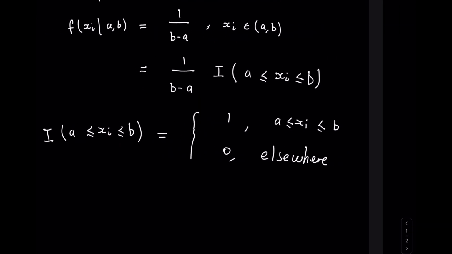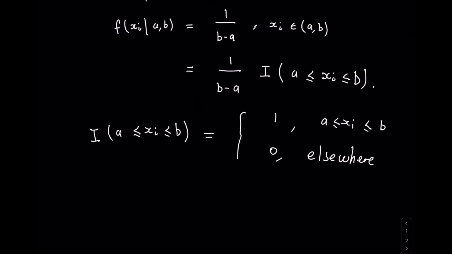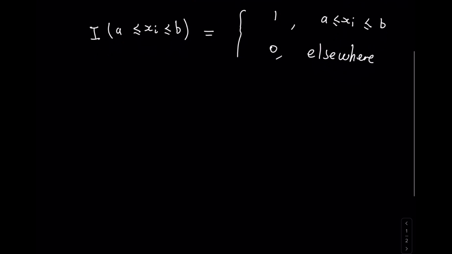So realistically, this function is actually defined for all x an element of R. These two functions are effectively equivalent, because when xi is not between a and b, this just drops to 0, which is by definition what the first one drops to in the first place. We'll see why this formulation is important in a sec. But for now, let's continue as we normally would.